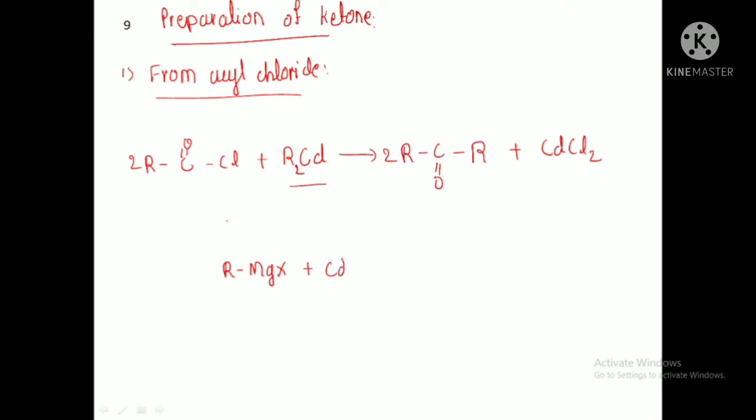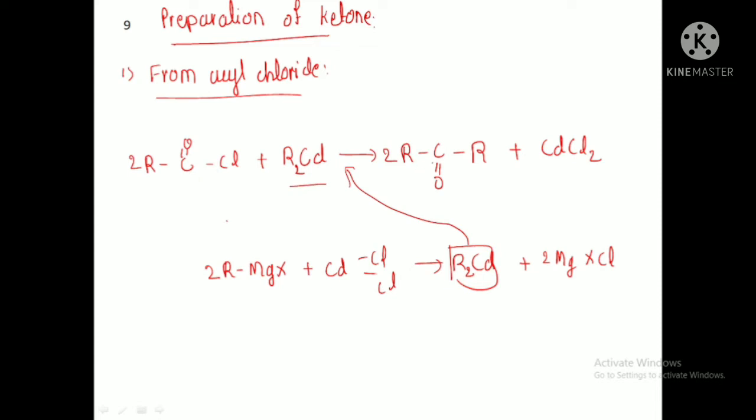This, on reaction with cadmium chloride, will give dialkyl cadmium. I want two alkyl groups, so I will write it like this and I will get 2 MgXCl. This is how you will prepare dialkyl cadmium. This dialkyl cadmium on reaction with acyl chloride will give you ketone.